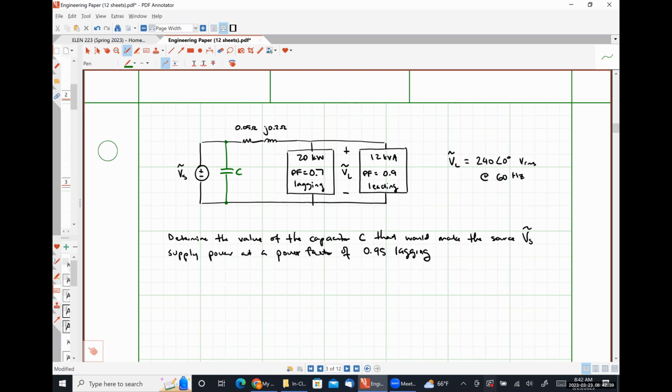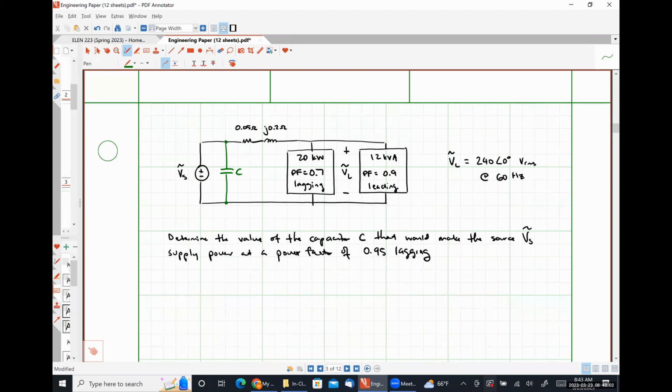So I'm going to say something here, hopefully not too mind-blowing, but I would argue pretty strongly that whatever complex power is being supplied by the source has to be equal to the complex power that's being absorbed by those loads, as well as whatever complex power is absorbed by our wire, right?